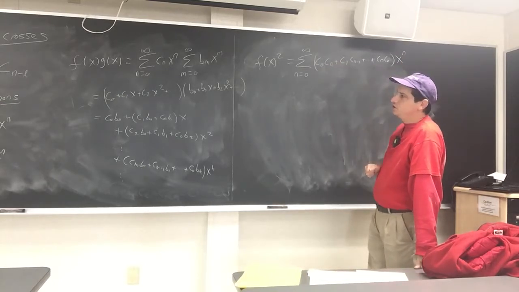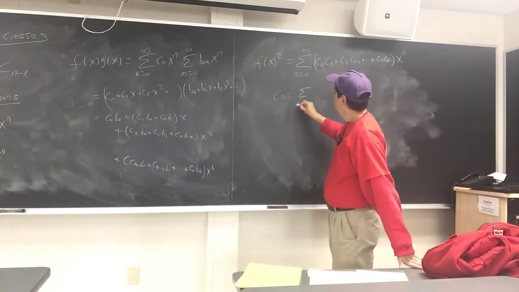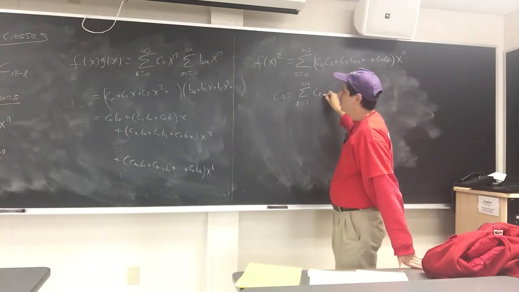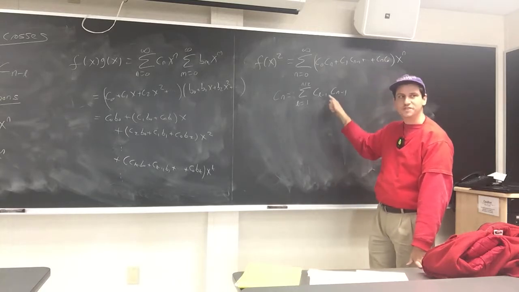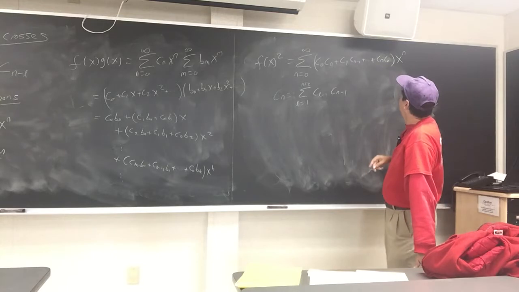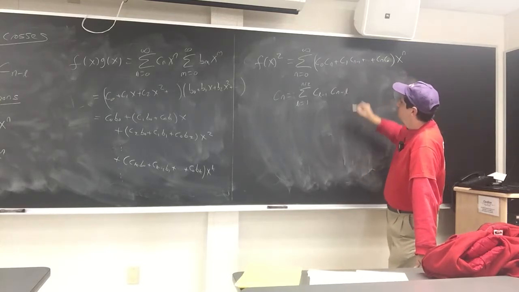Okay, what does this look like? Well, we know that C_n is the sum, L goes from 1 to n halves, of C_{L-1} C_{n-1}. Let's just shift the L summation. n minus 1 or n minus L? It's really close, but n minus L, thank you. Slightly off.